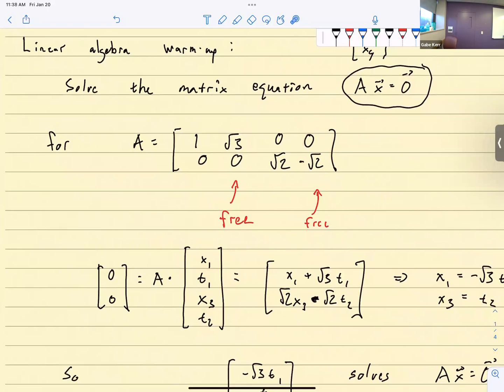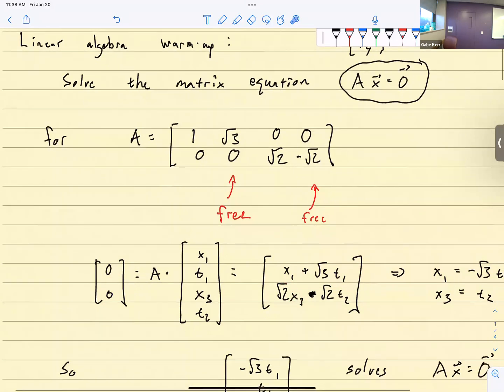When I put T1 and T2 into this matrix equation, I get that this quantity equals this, and this quantity equals this. That allows me to solve for the bound variables, or basic variables, in terms of the free variables.